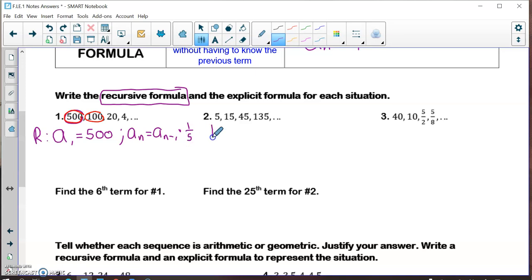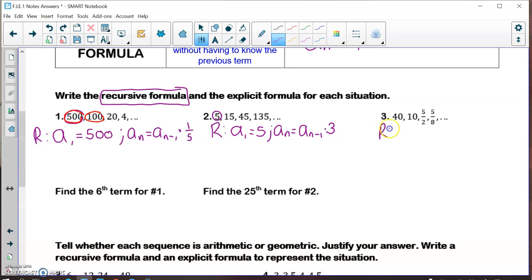Now in number 2, same thing. We're going to do the recursive formula, rewrite it as a sub 1 is equal to, and then we state our first term of our sequence, which is 5, and then semicolon, a sub n is equal to a sub n minus 1 times your common ratio, which in this case we're multiplying by 3 every time.